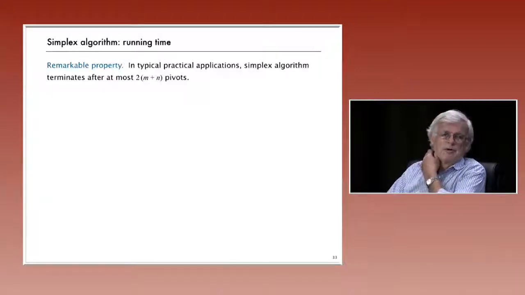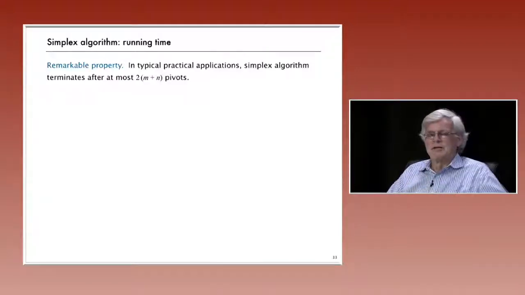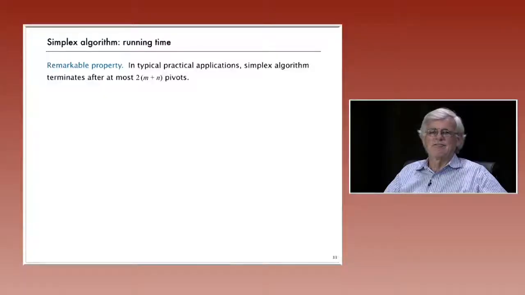Now, what's remarkable about it is, remember, in multiple dimensions, the number of points in the simplex could be high, could be exponential. But what's remarkable about the simplex algorithm, and still today even somewhat mysterious, but certainly very mysterious for the first several decades that it was used, is that it seems to find the answer after just a linear number of pivots.